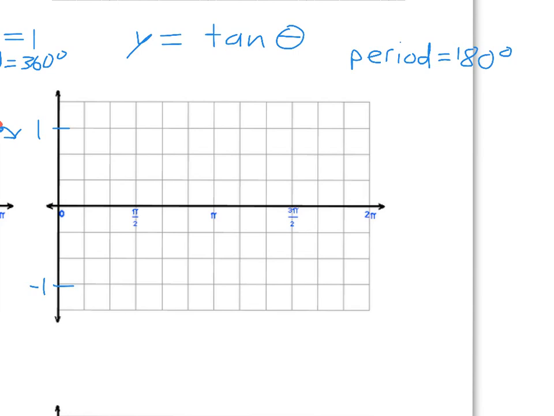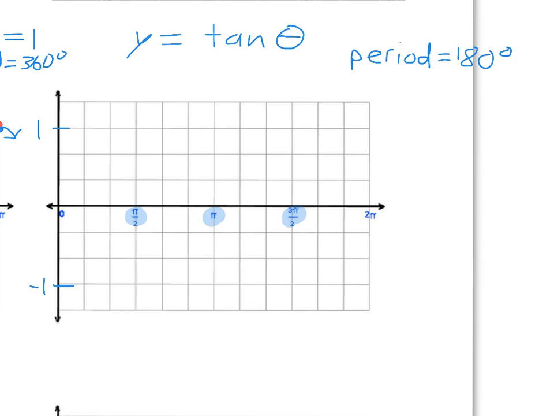We already have 2 pi on the x-axis, and notice that gets cut in 4. If you take 2 pi and cut it in half, you have the pi in the middle, and then that gets cut in half, and then there's this midway point over here. So 2 pi gets cut into 4 slices, like the quadrants.